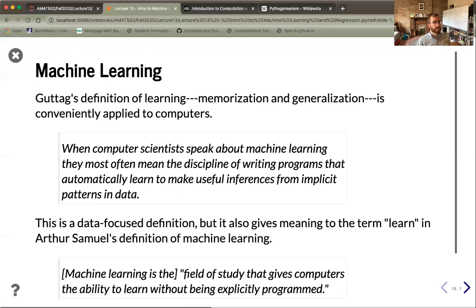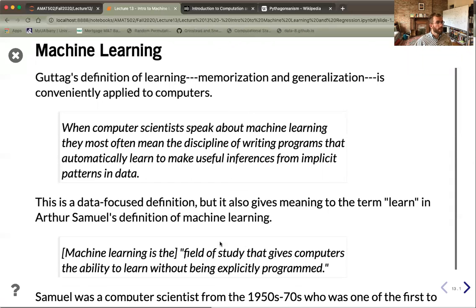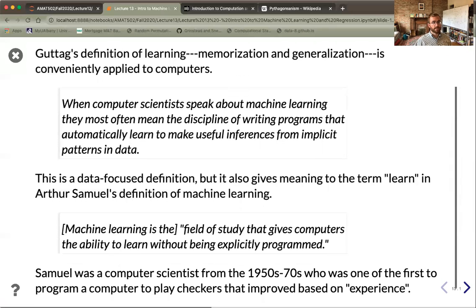So that's a data-focused definition. But it also gives meaning to the term learn in Arthur Samuel's definition of machine learning, which Guttag also cites. It says that machine learning is the field of study that gives computers the ability to learn without being explicitly programmed.